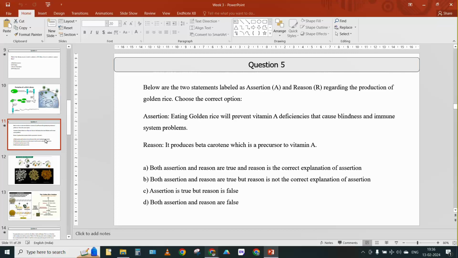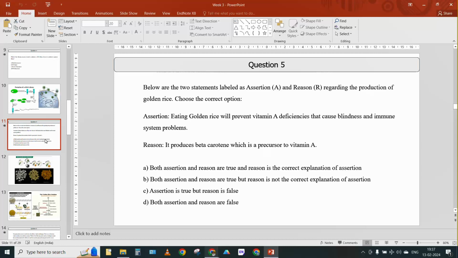And the reason is that it produces beta carotene, which is a precursor of vitamin A. Option A is both assertion and reason are true, and reason is the correct explanation of the assertion. Option B states that both assertion and reason are true, but reason is not the correct explanation of the assertion. Option C states that assertion is true, but reason is false. And the last option is both assertion and reason are false. So anyone?